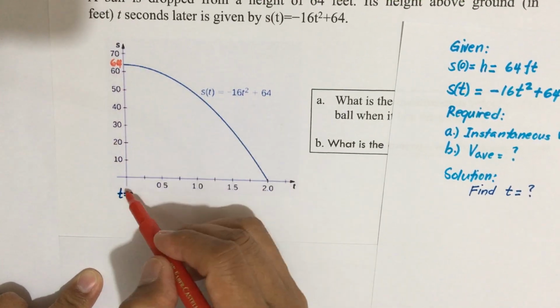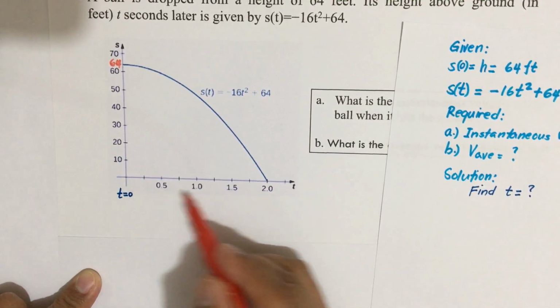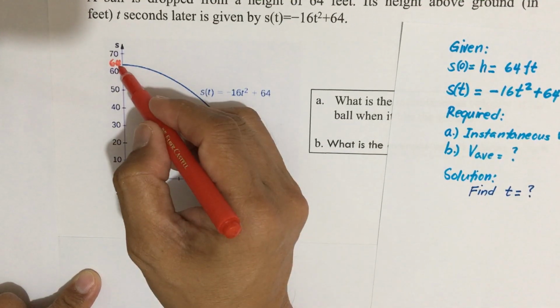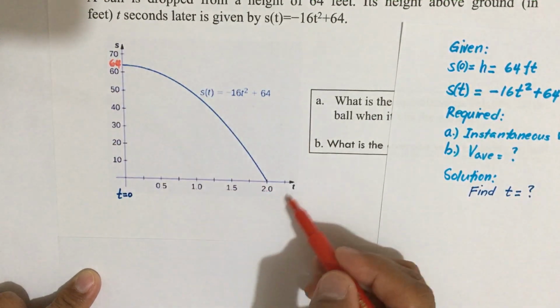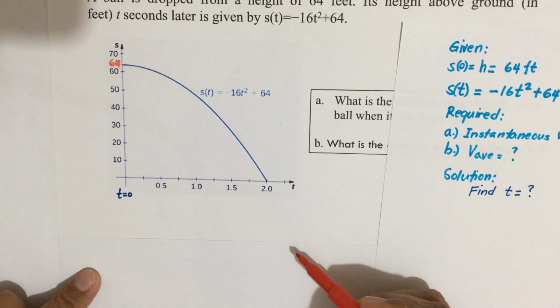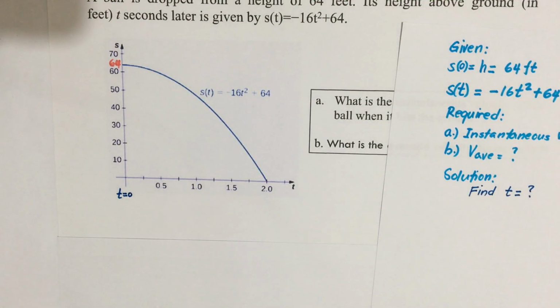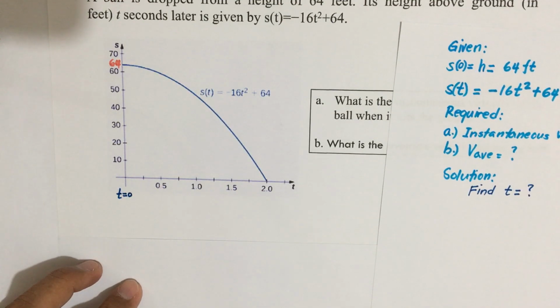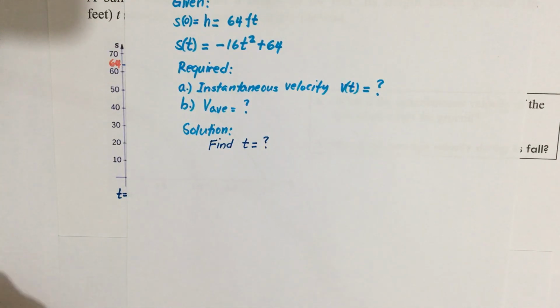So before the ball at t equal to 0, because our t is moving towards the right, at t equal to 0, the ball is at the height of 64 feet from the ground. So assuming this is the ground here. Alright? Now what happens when the ball reaches the ground? When the ball is dropped, what will happen, class?